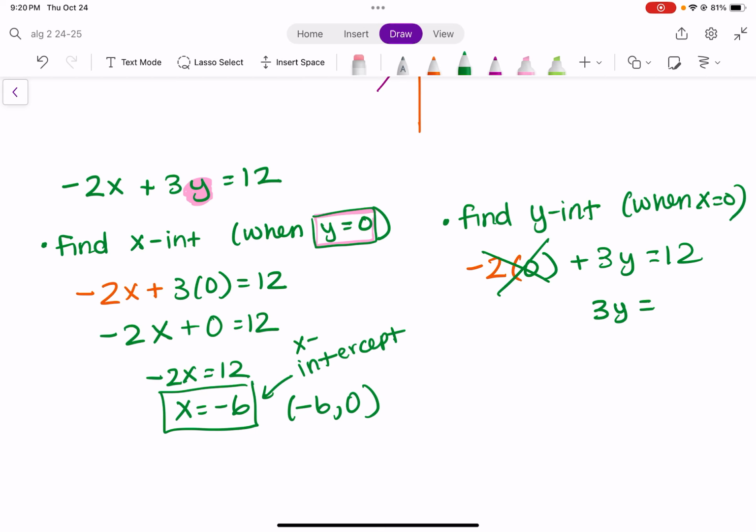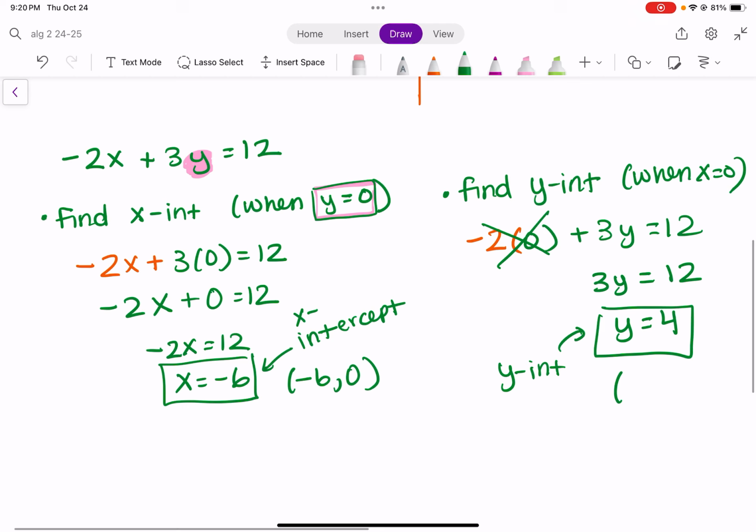I'm just left with 3y equals 12 and y equals 4. So the y-intercept is 0 comma 4. With standard form, it's really easy to find the x-intercept and the y-intercept.